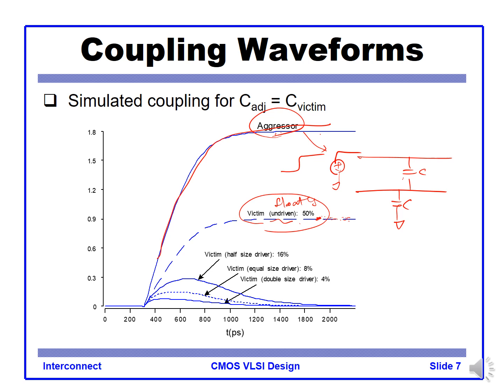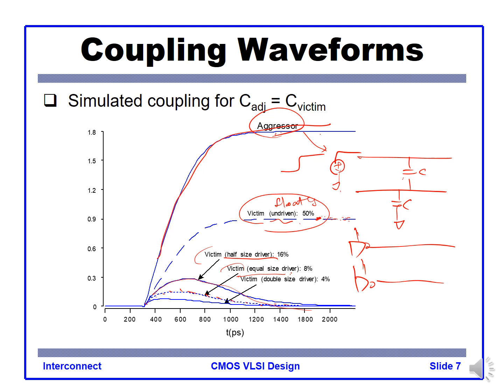Now if we have inverter drives, two lines like that, and the device size is equal, 1 to 1, then we get this kind of glitches. If the victim has an equal size driver, the same size, then this dotted line kind of glitch happens.